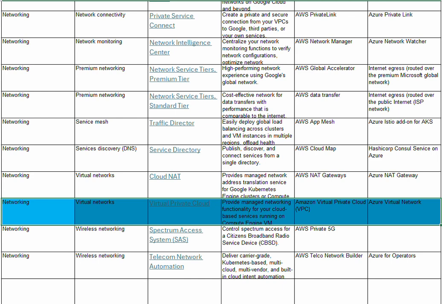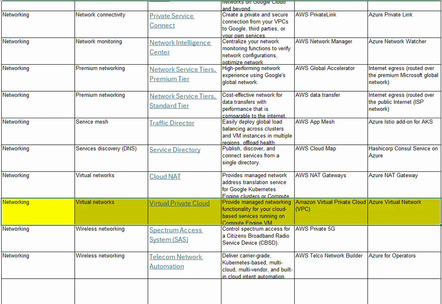Why is it important? One, an IaaS service has to be deployed. There should be a network, and many PaaS services are also dependent on the network. Such an important concept is the network.